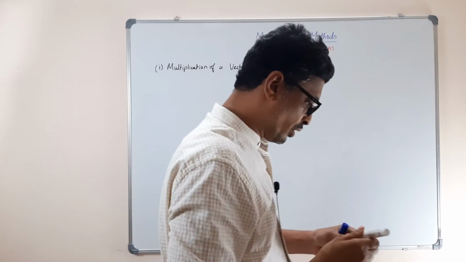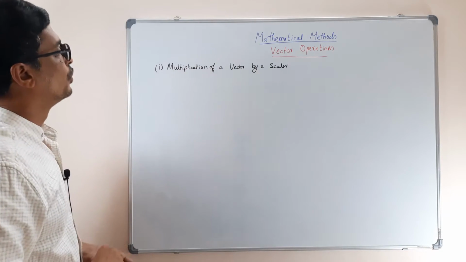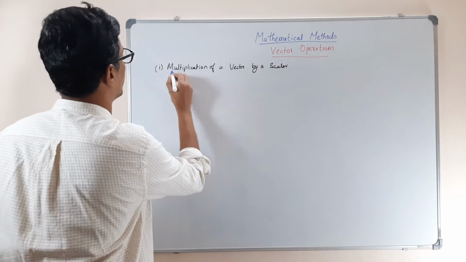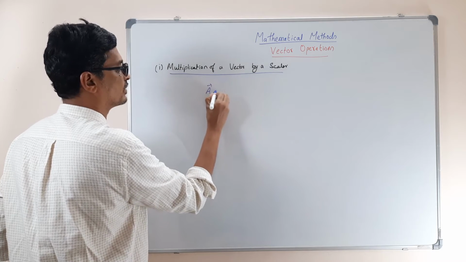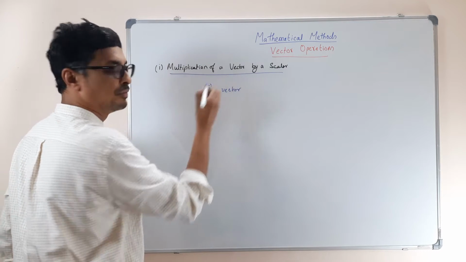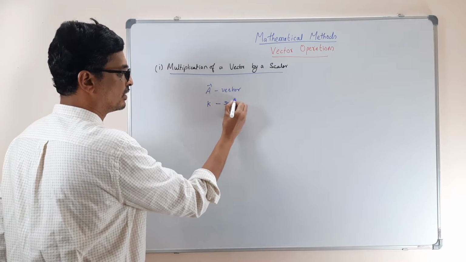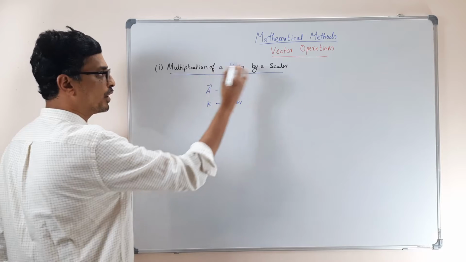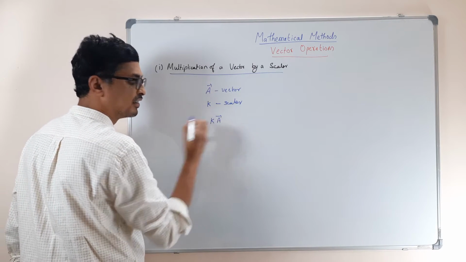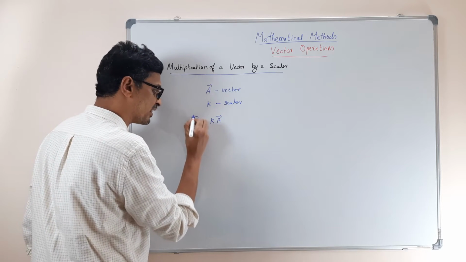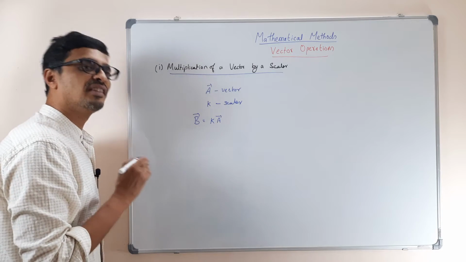Let us say A is a vector, and let small k be a scalar. The product of a vector and a scalar will be k times vector A. This will also be another vector, vector B. What will be the direction of vector B? The direction of vector A itself.